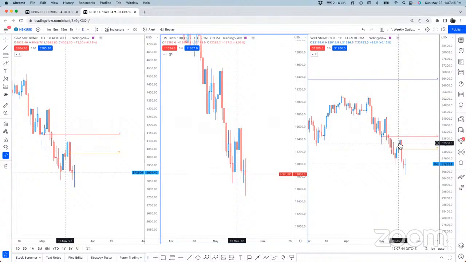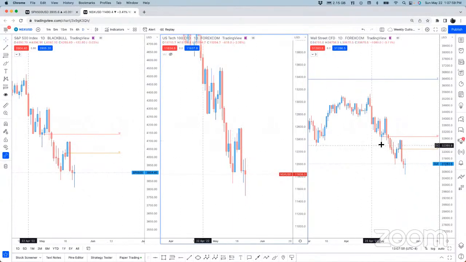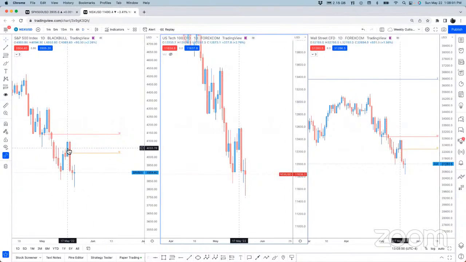The biggest thing to consider is not so much the divergence, but just that each one of these has a point of interest to the downside that we couldn't trade above, right?